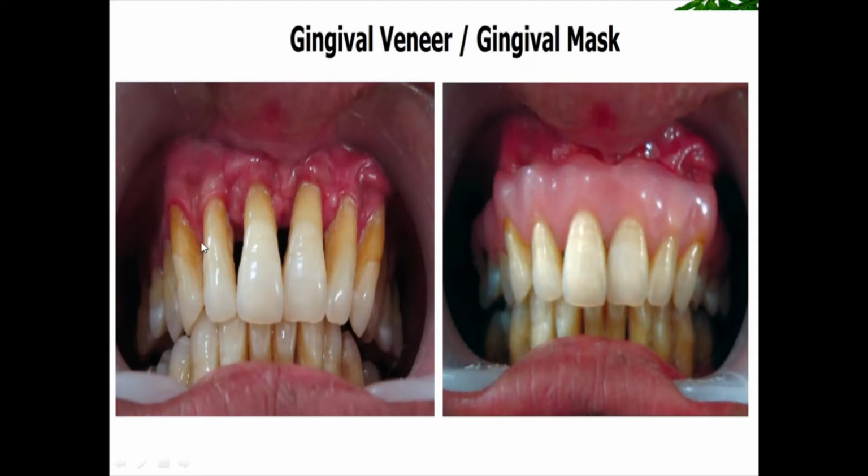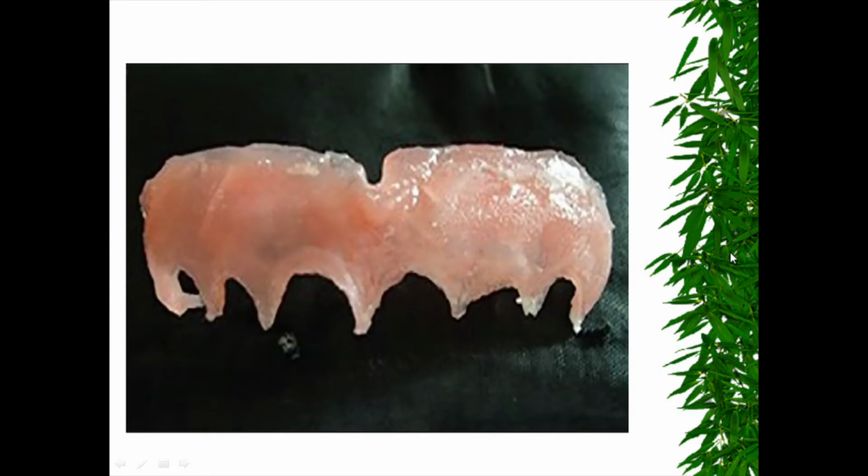This is a case of multiple gingival recession, where interdental bone loss and soft tissue loss is there, and this is the post-op result when the gingival mask is given. So this is how a gingival mask looks like. It looks like healthy gingiva in which gingival stippling and festooning pattern is there.